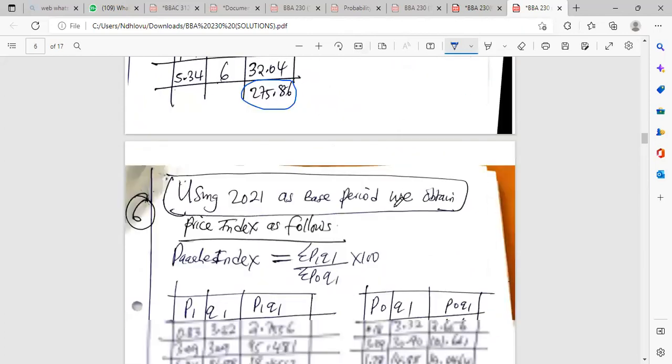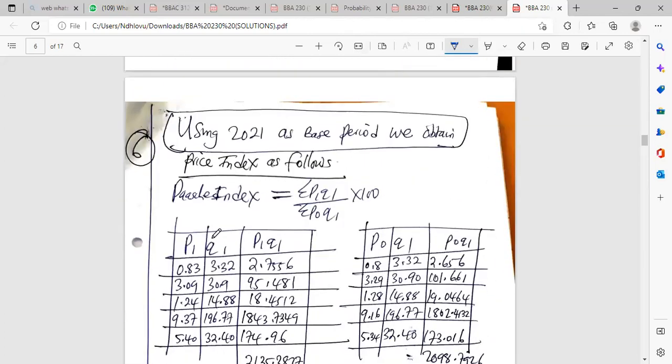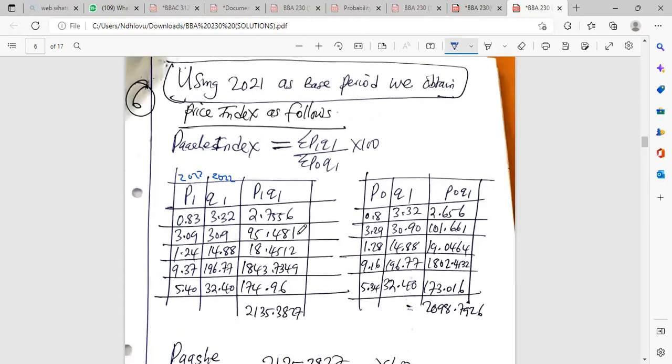Then for the Paasche index, because we're using 2021 as a base, this one will be 2022, just the opposite way, and this one is also 2022. So it's just a matter of multiplying these and getting these figures here.